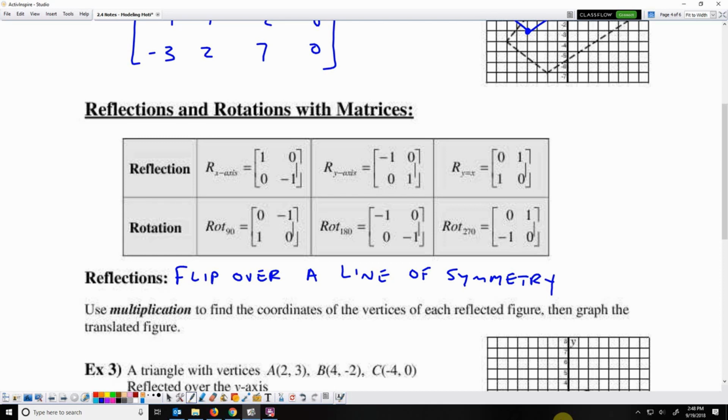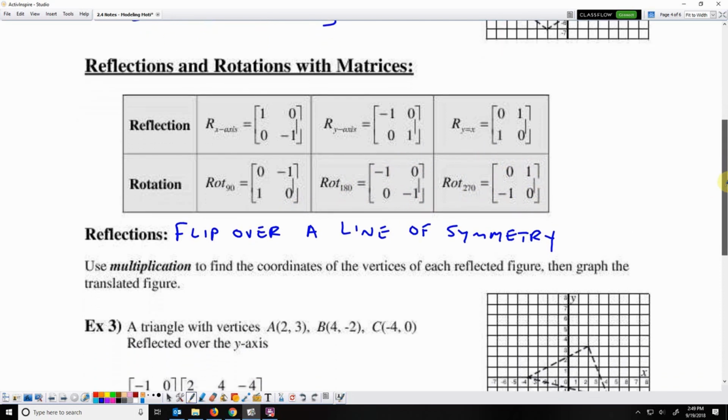When we do a reflection over the x-axis, we multiply our matrix of coordinates by this matrix. Over the y-axis, by this matrix. And over y equals x, by this matrix. Rotations are similar, but we're going to rotate 90 degrees by multiplying by this, 180 degrees by multiplying by this, or 270 degrees by multiplying by this.